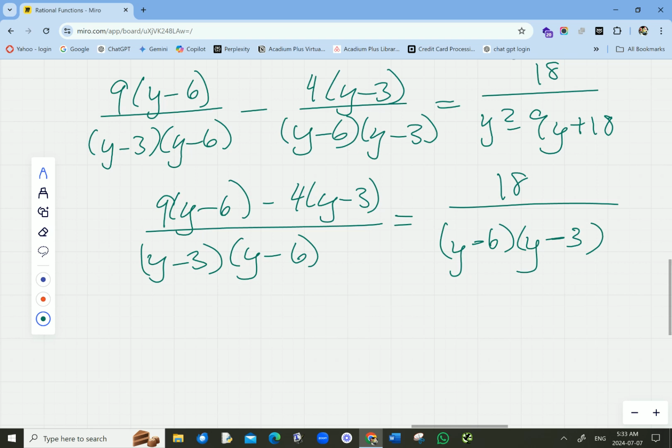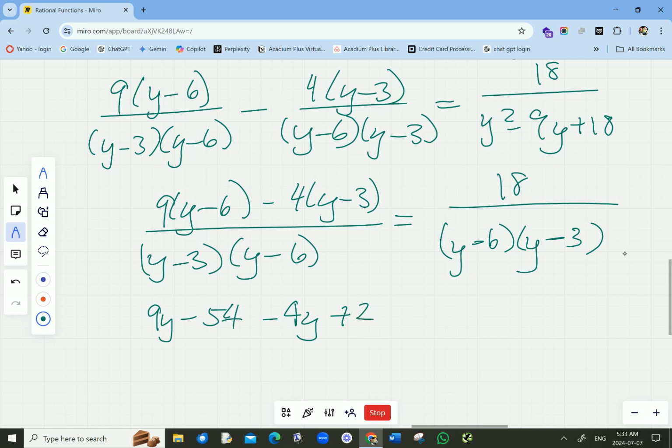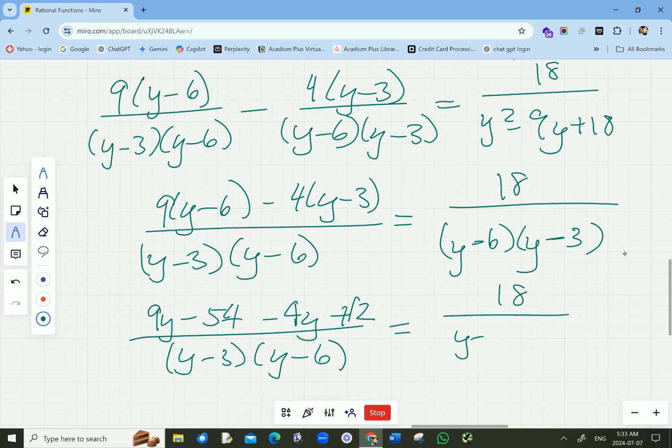So let's focus on our left-hand side and simplify that numerator. We have 9y minus 54, it's a big number, minus 4y plus 12, over y minus 3 times y minus 6. The right-hand side is again 18 over y minus 6 times y minus 3.